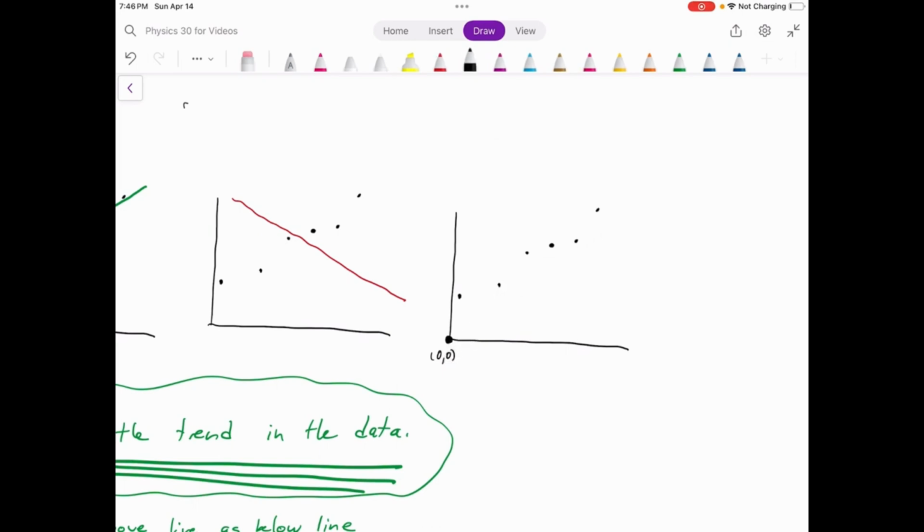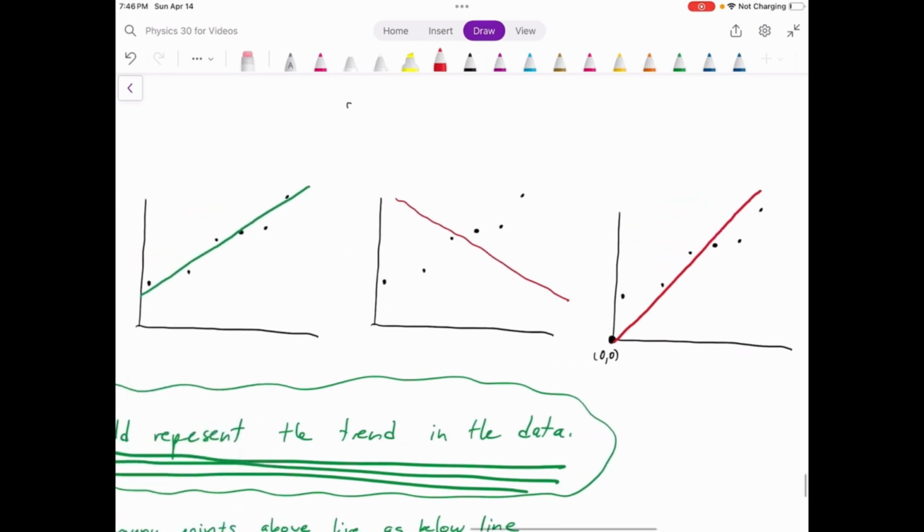If we try to force our line of best fit through the origin, even if I do the best I can with it, it's not great, is it? Compare that red one to that green one. This is what happens when I force it through a point that I think it should go through, but there's no reason, the data did not suggest that it was projected back to the origin.